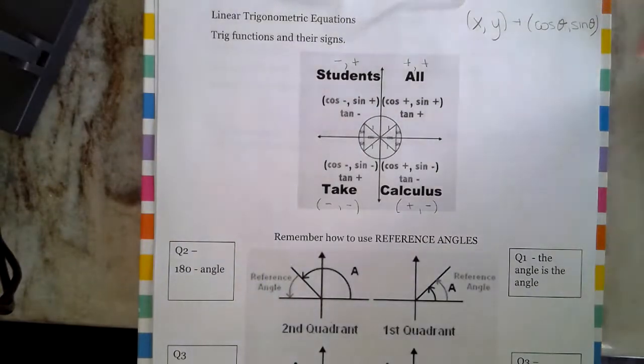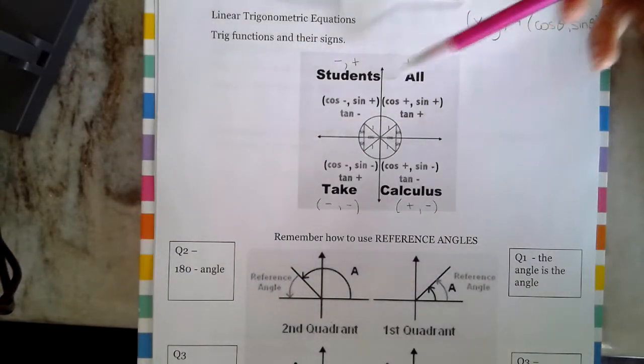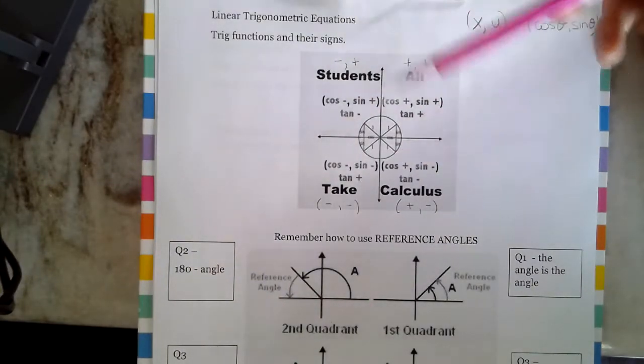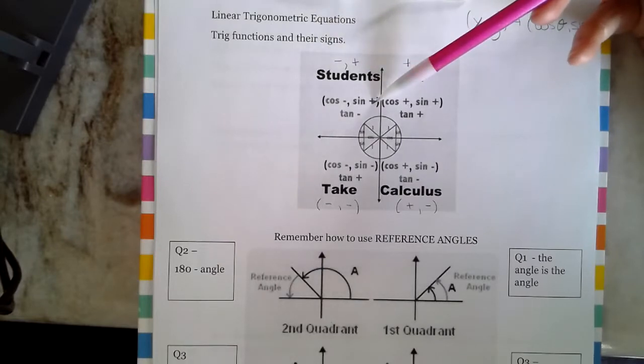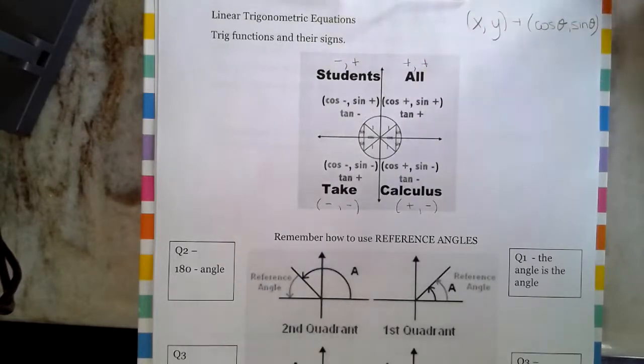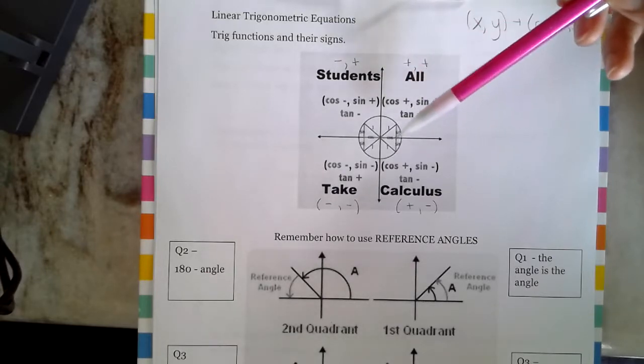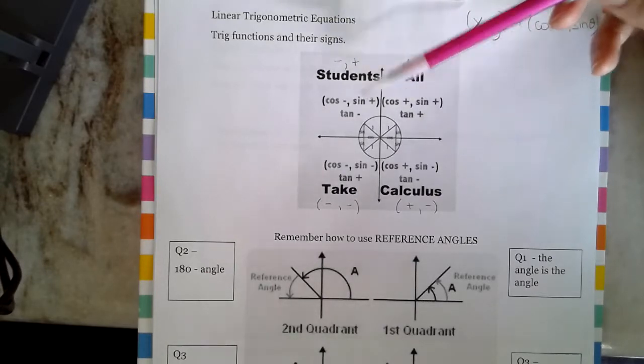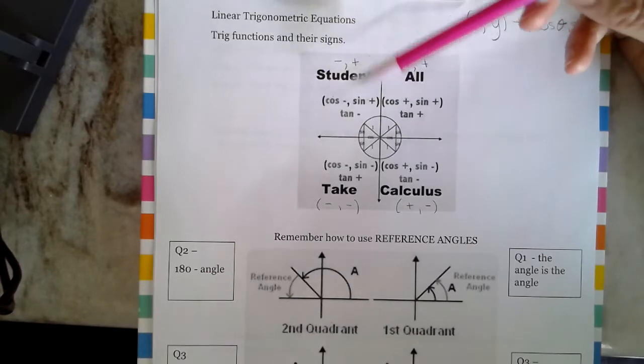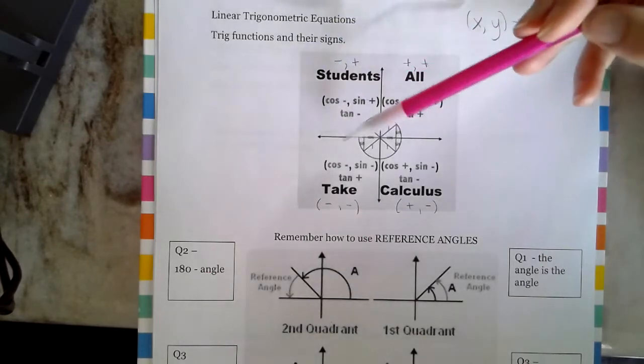In quadrant 2, the acronym is All Students Take Calculus. Students stands for sine, because sine is positive and everybody else is negative. That also means the reciprocal functions too. So sine and cosecant are positive in quadrant 2. Cosine and secant are negative, tangent and cotangent are negative.